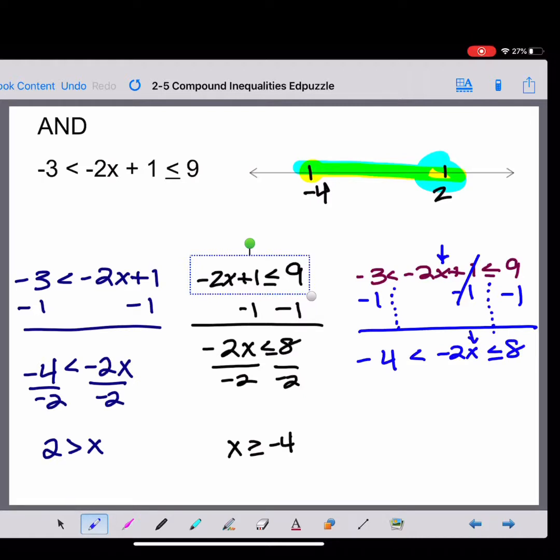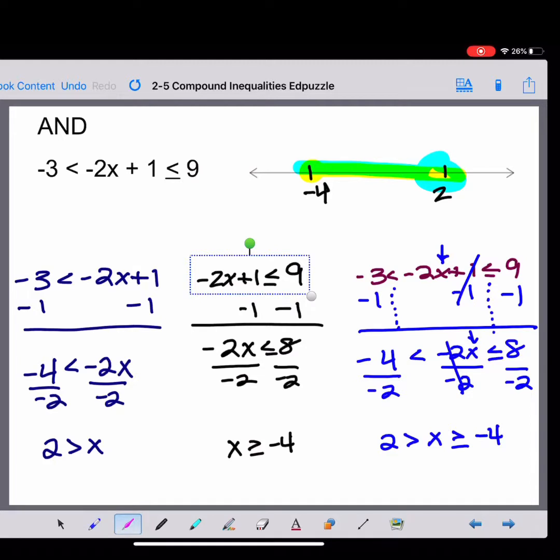Goal is to get x by itself again. So we divide out by negative 2, which cancels. I have to make sure that I divide my front inequality and back inequality. 2 is greater than x, which is greater than or equal to negative 4, making sure that our inequalities flipped because we divided by a negative.